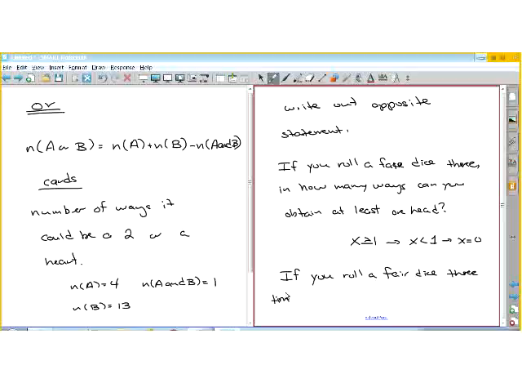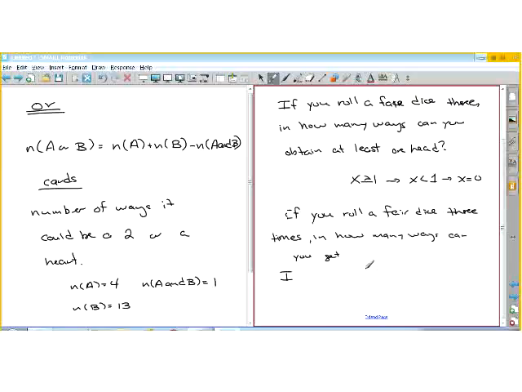If you roll a fair dice 3 times, in how many ways can you get, and it should be heads.